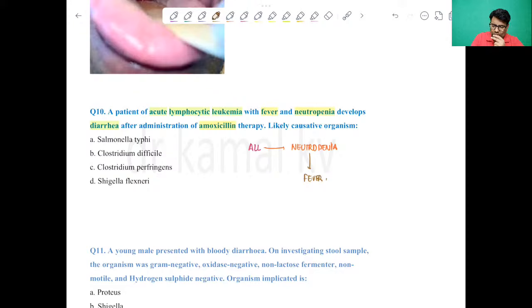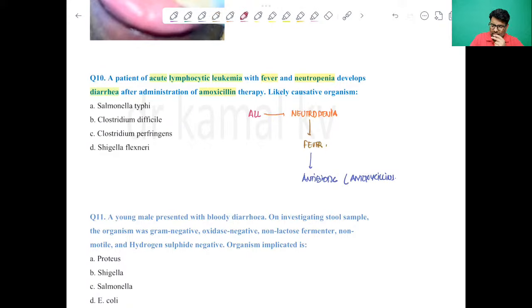So the patient was started on an antibiotic, and that is amoxicillin here. Now what happened after this amoxicillin? Yes, Kanaya, absolutely right. After this amoxicillin therapy, the patient developed diarrhea.